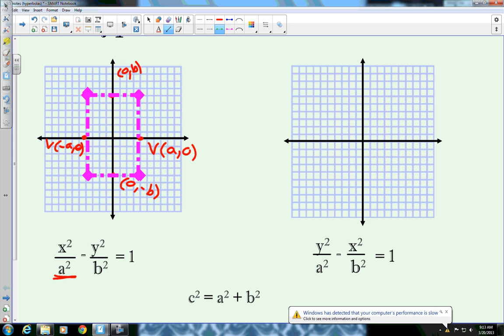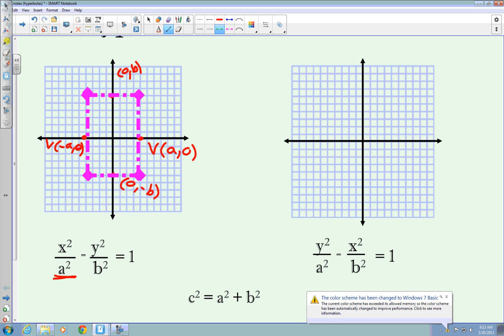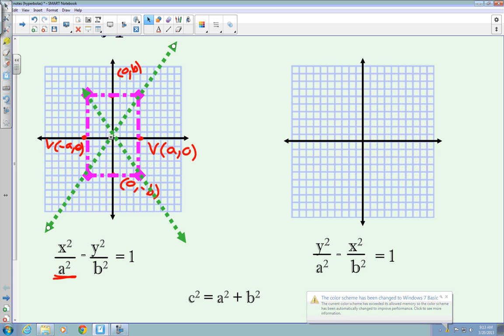An asymptote is a line that your graph gets really close to, never actually touches, and never crosses. Hyperbolas have asymptotes. They always go from one corner of this box to the other. So once you've gotten your rectangle drawn, you're going to draw 2 lines, and these will be the asymptotes of my equation.